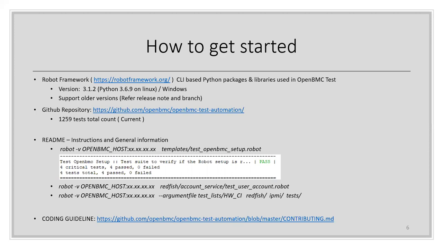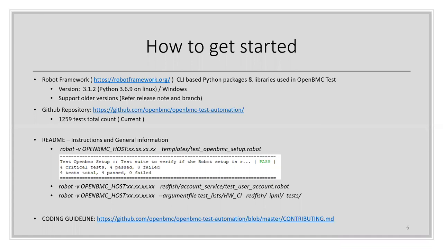It's CLI based. You can go and look up the Robot Framework community. It's very well documented. It is keyword driven, and it gives a CLI command to run your tests. We are mainly using the Python-based version in the OpenBMC test.